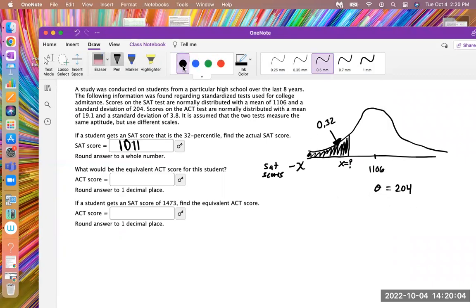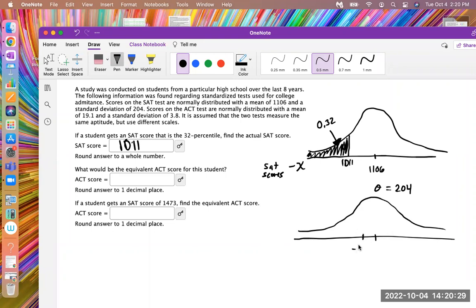In other words, we just standardized that normal random variable. We found out the variable was 1011. Then we asked, how many standard deviations is that away? Well, that is not quite one standard deviation. It's only about half a standard deviation below.